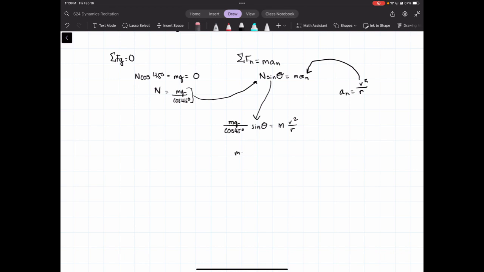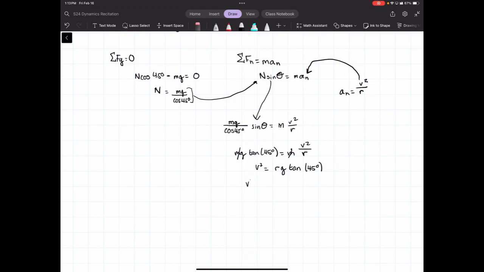So it would be mg tan of 45 degrees equals mass times velocity squared over r. We can cross out our masses, and then we're left with velocity squared is equal to r times the acceleration due to gravity times the tangent of 45 degrees.